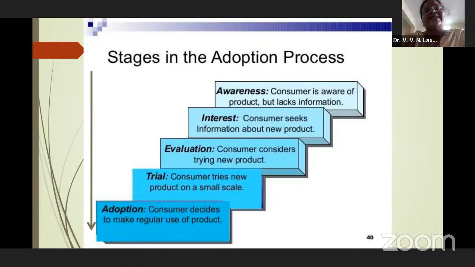So they are called test markets, where the product is commercialized at a very limited level at first, and then later it is commercialized to the other areas in that particular country or geographical area. After successful trials, once the product is accepted, we call it adopted by the new market.